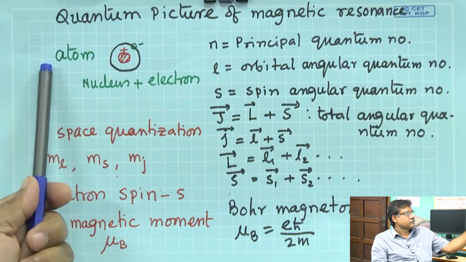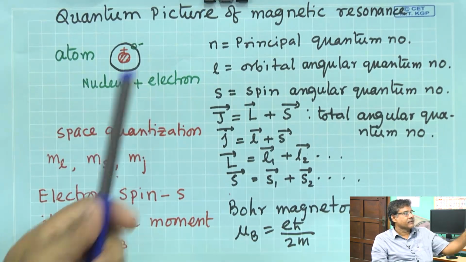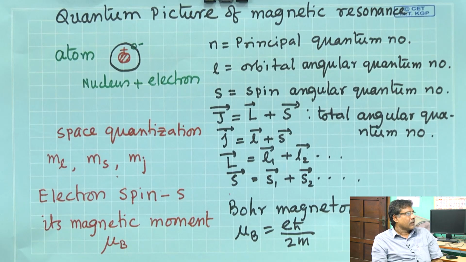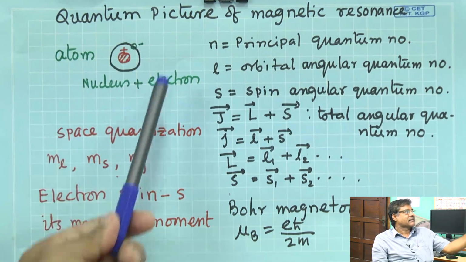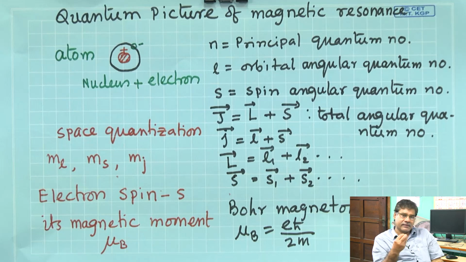An atom has a nucleus and electrons. Electrons are in different orbits. Similarly, the nucleus also has protons and neutrons in different orbits. For the time being, let us not discuss the nucleus. When we study NMR, I will discuss that part. So, let me concentrate here on the electron.